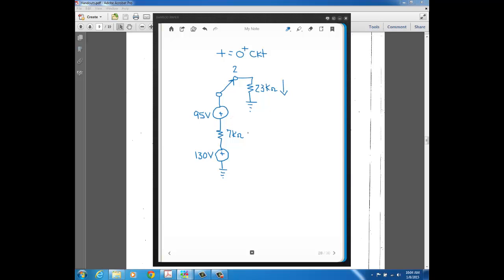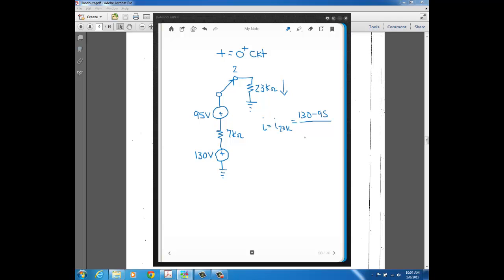Now it again becomes a circuit problem where we just need to find the current flowing in this path. This is all in series, so we can do a KVL. These two voltages are going to oppose each other because of their opposite polarities. So the current flowing in this path, which is the same as the current through the 23k ohm resistor, is 130 minus 95, divided by the total resistance in the path.